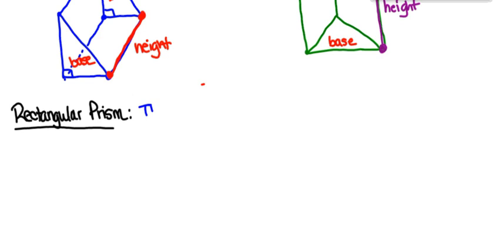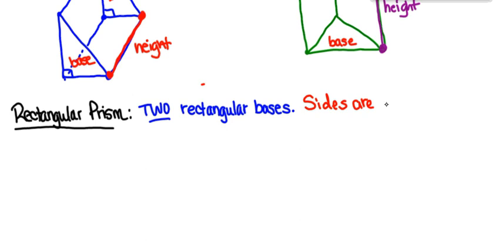So still two of them, two rectangular bases. And like the triangular prism, the sides of this fellow also are rectangles. And when I think about a rectangular prism, I think about a box.